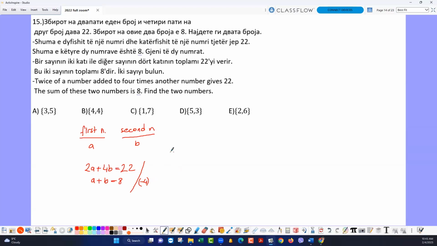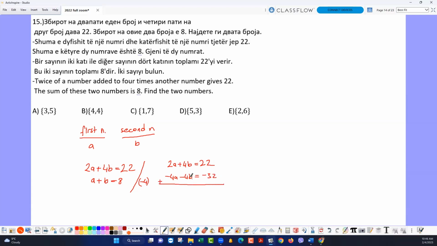You multiply all of it by minus 4. 2a plus 4b is equal to 22, you keep the same. And the next one is minus 4a minus 4b, equal to minus 4 times 8, which is minus 32.